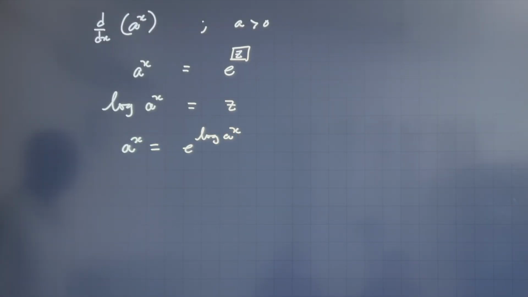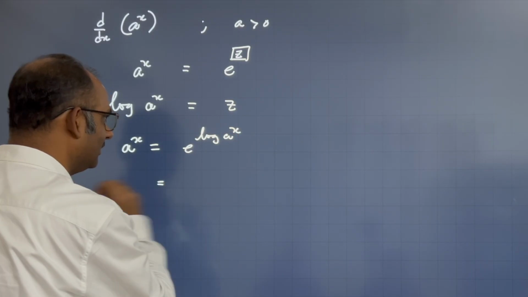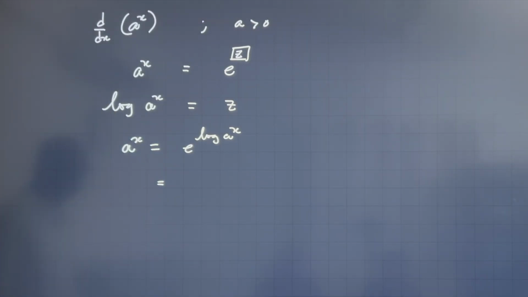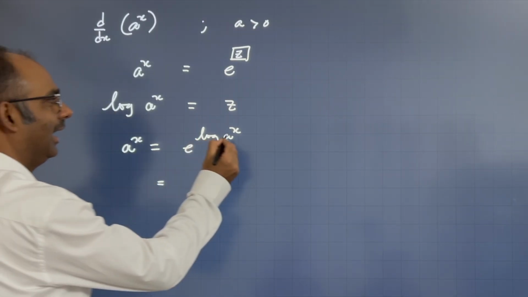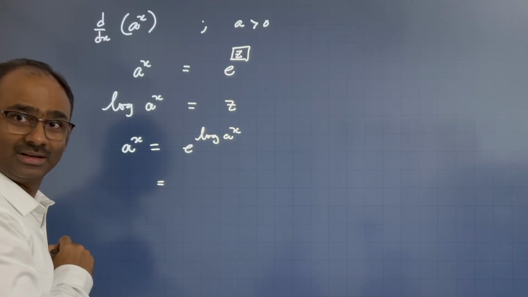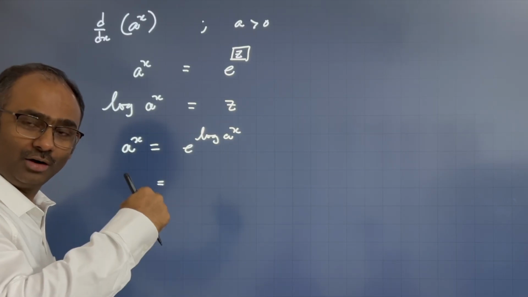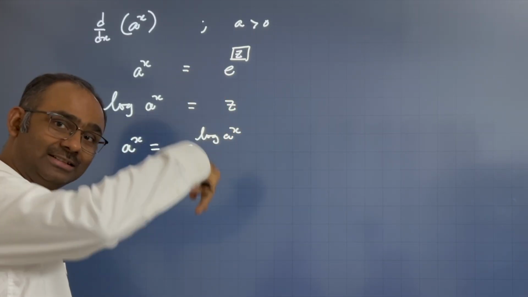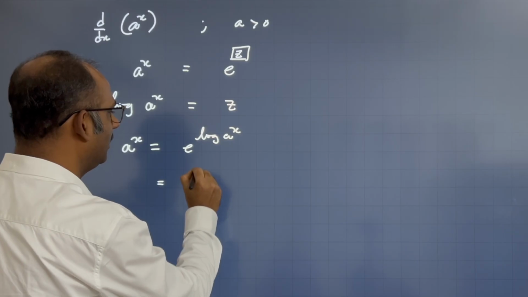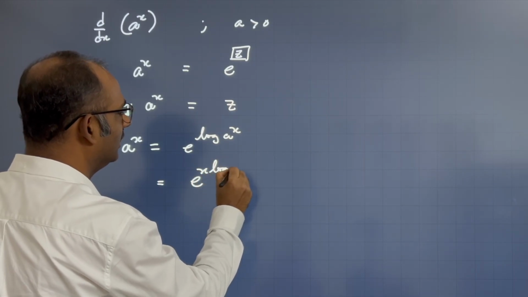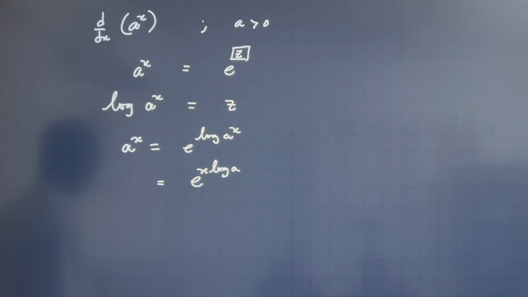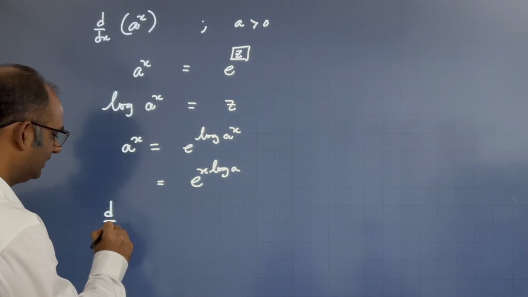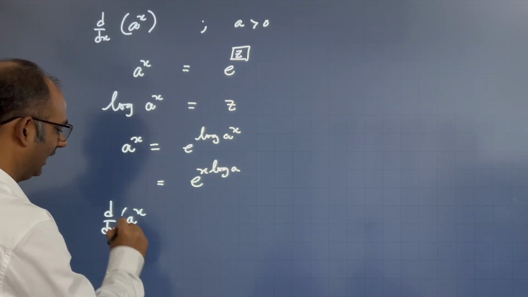Correct? Now you can use chain rule, but before that, I will take x here. Remember, log of a power something is that something times log of a. So e power x log a. Now let's differentiate d over dx of a to the x.